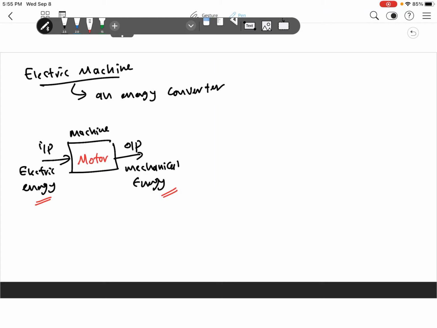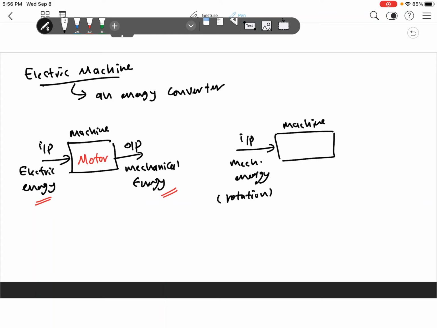On the other hand, if the input to this machine is mechanical energy, to be more specific, I'm talking here about rotation, just to have in mind what we're talking about. There are special types of machines where this is not rotation but a linear movement, but that's not the type we're talking about.